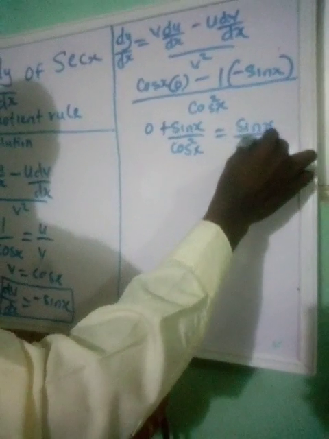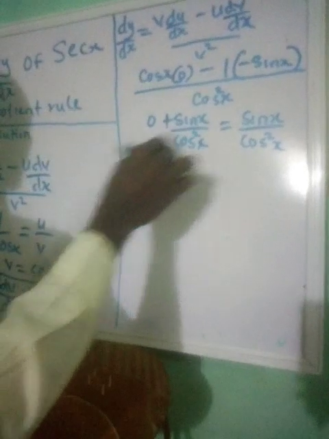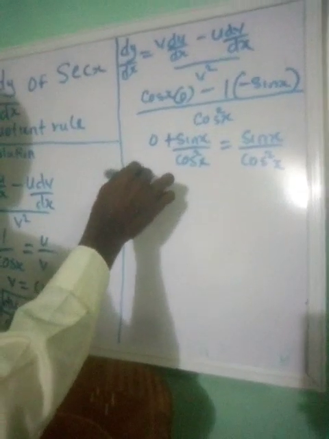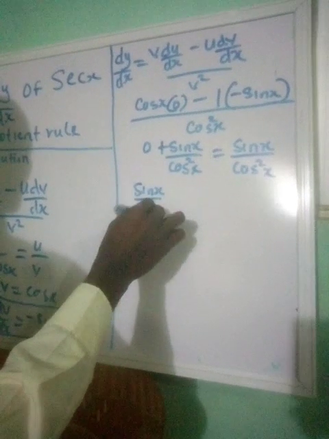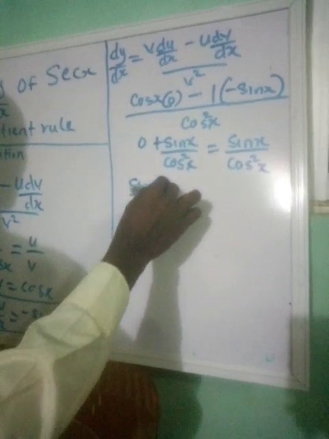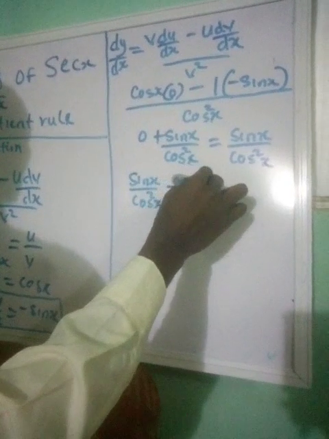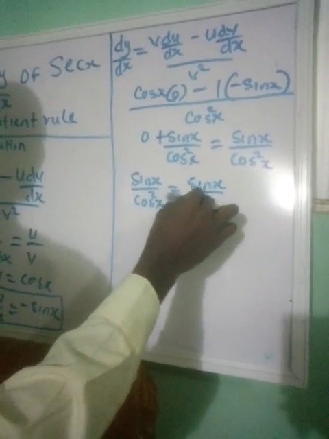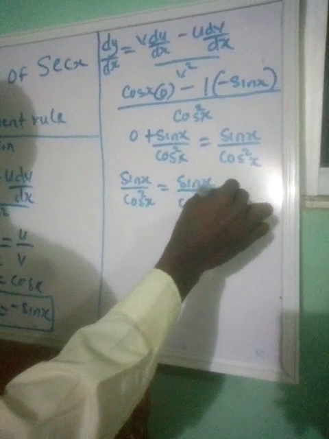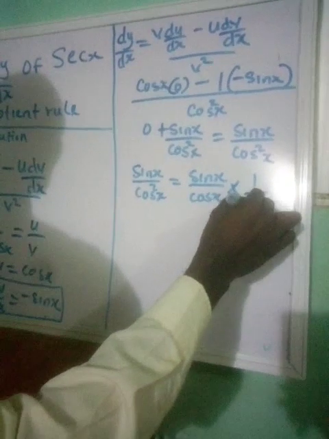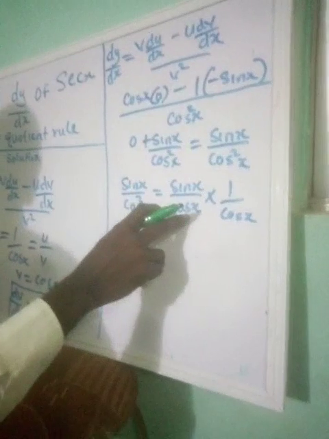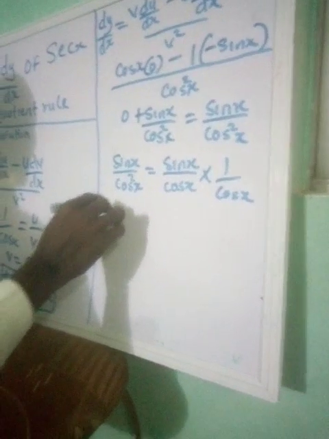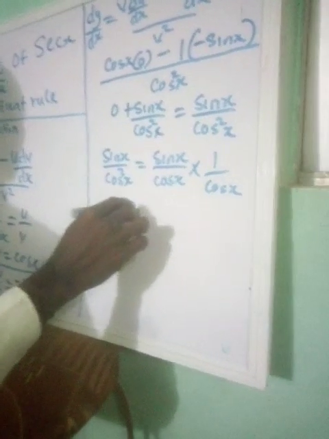and that will give us sin x over cos squared x. Now we can decide to split this into sin x over cos squared x, which can also be written as sin x over cos x times 1 over cos x. And what is sin x over cos x? Sin x over cos x is tan x.